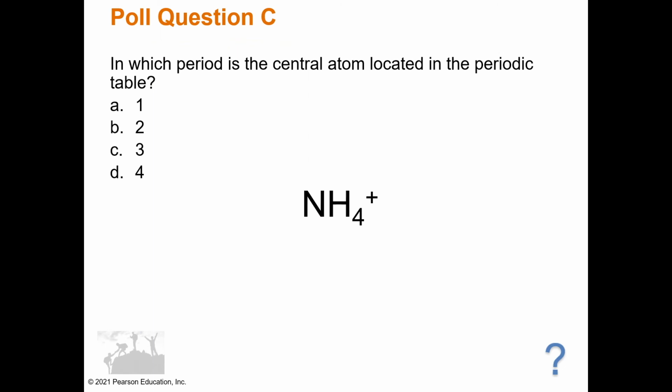These next few slides will test a couple of concepts at the same time. So here we have NH4+. We just saw the Lewis structure for it. In which period is the central atom located in the periodic table? So pause the video, take a look at your periodic table. When you're ready for the answer, click play.